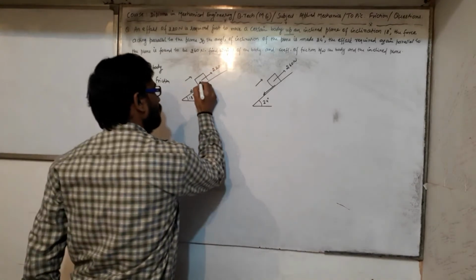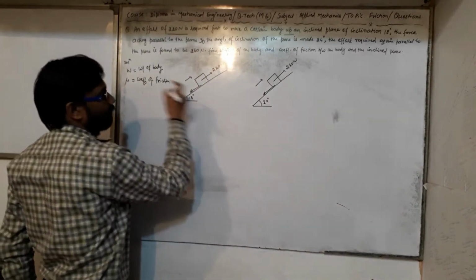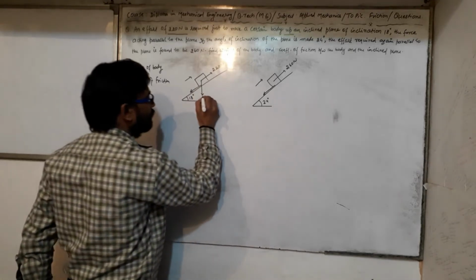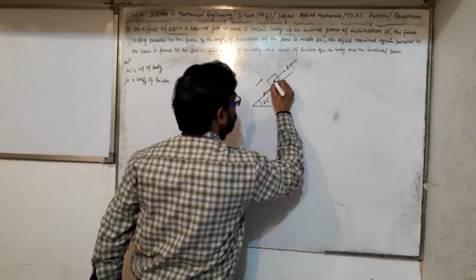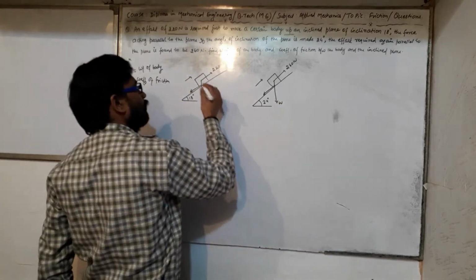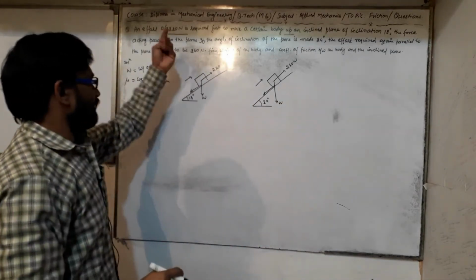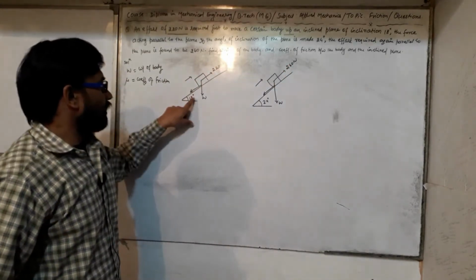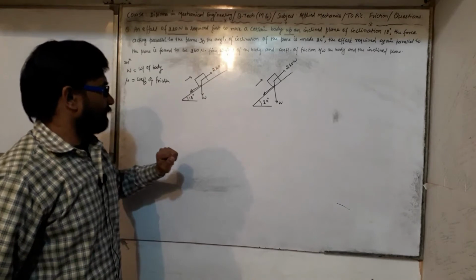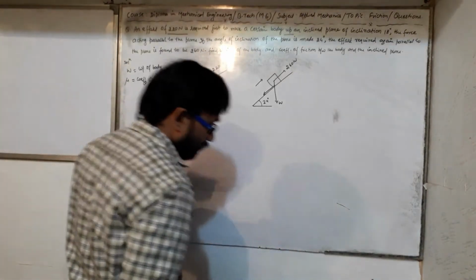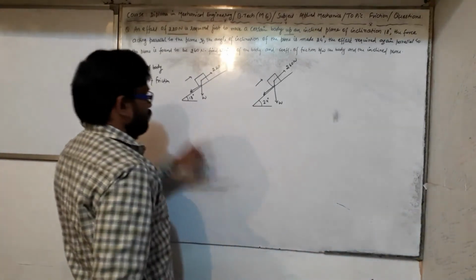Now here W, weight of the body, is always acting in the downward direction. Okay, it has two components. One thing, a normal reaction. See, force is different, angle of inclination is different. Hence normal reaction would change. Why?